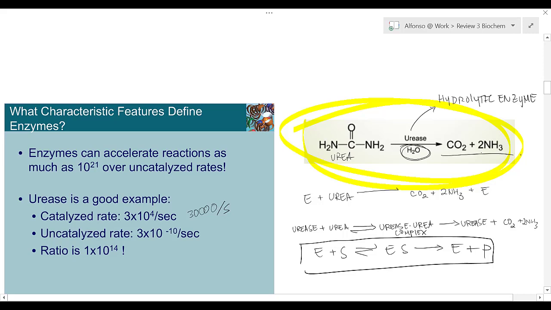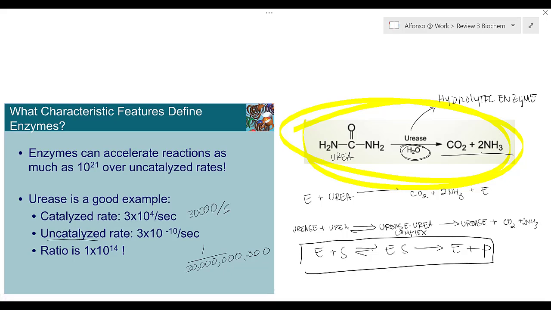But if we don't use an enzyme, then one is turned over every 3 times 10 to the 10th seconds, that is, every 30 billion seconds.